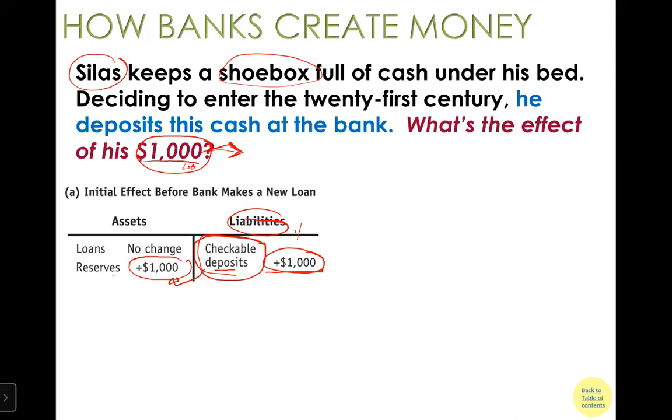Now in that case, the money aggregate will stay at 1,000. Why is that? Because this cash disappears, right? So the deposit is 1,000, but that's all. So we only have 1,000 in the financial market. Okay, but there are no new loans. So now we have 1,000 versus 1,000.